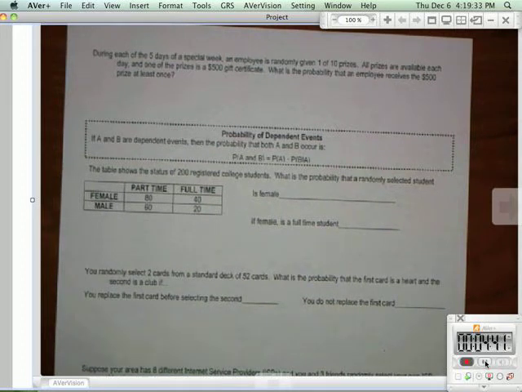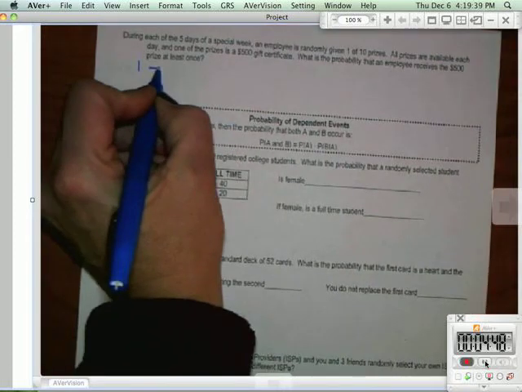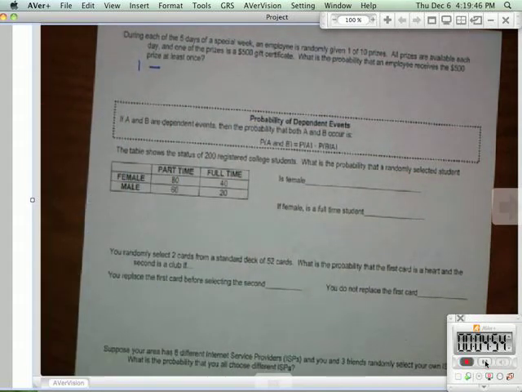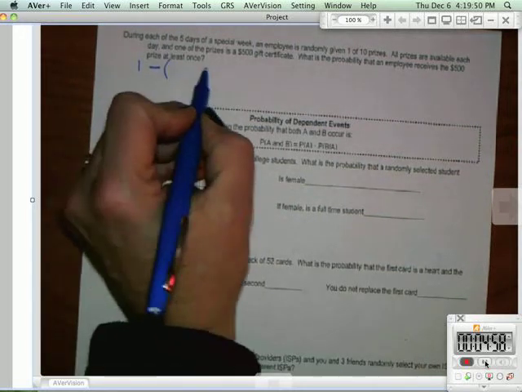Now, I think the easiest way to do this is to solve it using the complement. If you do 1 minus the chance that they won't ever win the prize each day, that'll give you the chance that they will win the prize at least once. So this is going to be written sort of like a combination.